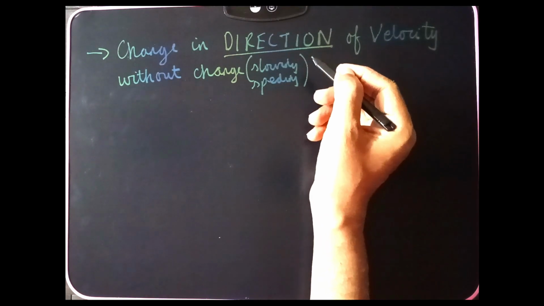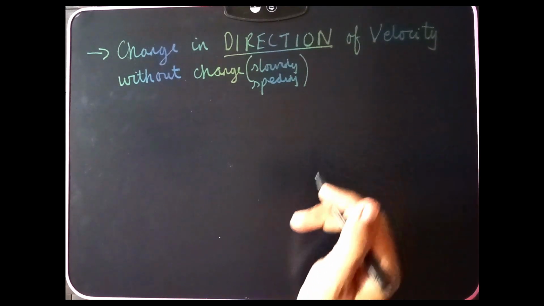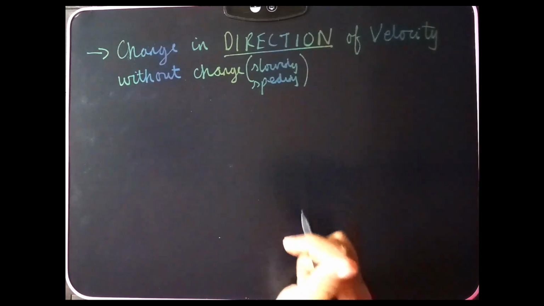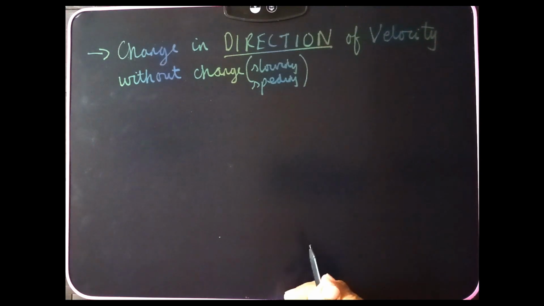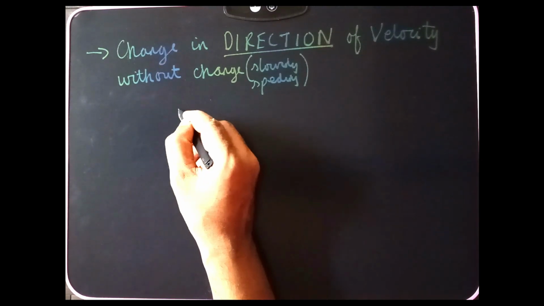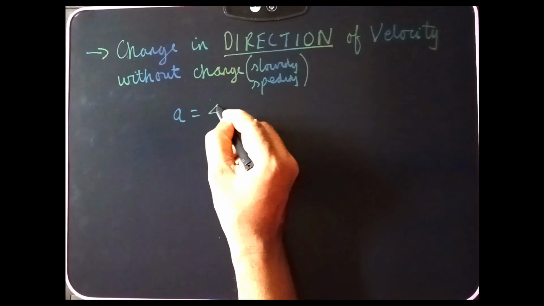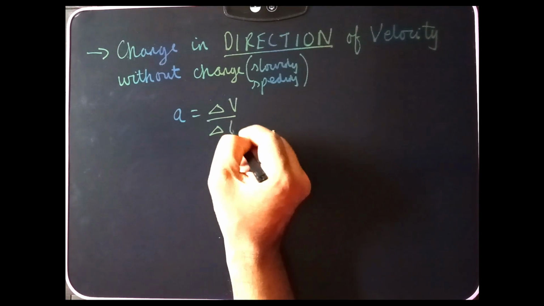So in this particular case, will there be acceleration? Is this also called acceleration? Only the direction of velocity has changed. We saw that acceleration is change in velocity by change in time.